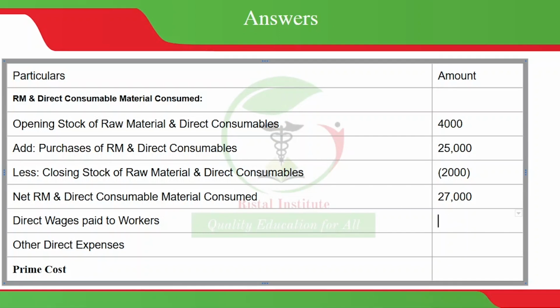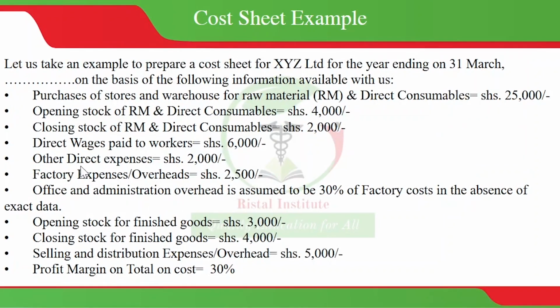So we add the wages paid to workers. Do we have the wages paid to workers? We have worked on purchases, then we have direct wages paid to workers.